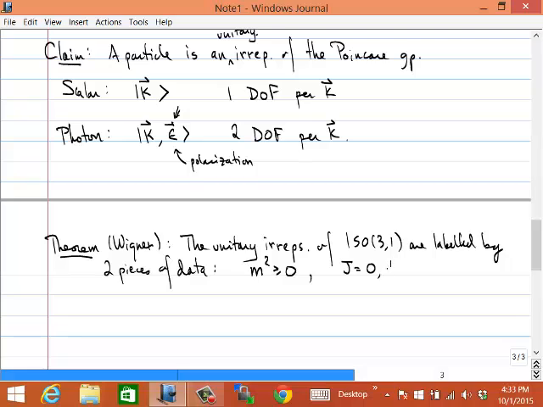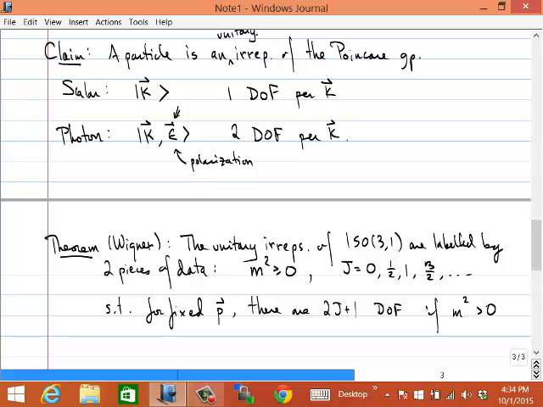So it's either 0, 1/2, 1, 3/2, and so on and so forth, such that at fixed momentum, there are 2j plus 1 degrees of freedom if m squared is positive, and 2 degrees of freedom if m squared is equal to 0.